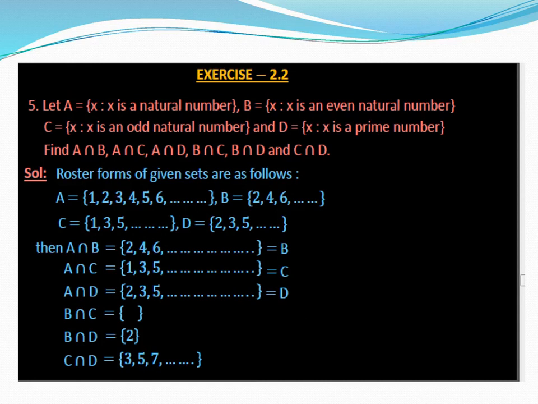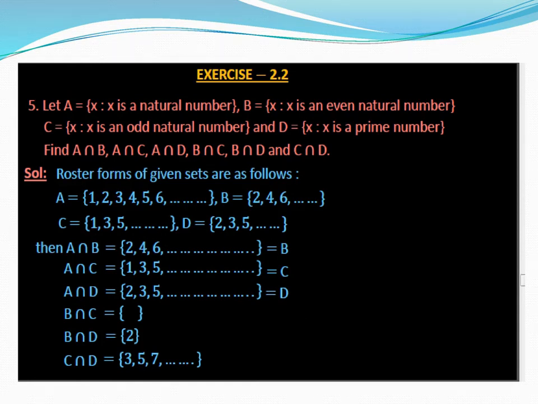So which elements are common? 2, 4, 6, 8, which means set B. B is the even natural numbers. So A intersection B equals 2, 4, 6, 8 and so on, which equals set B. Now we will find A intersection C.